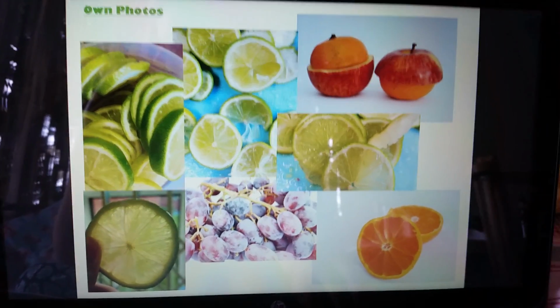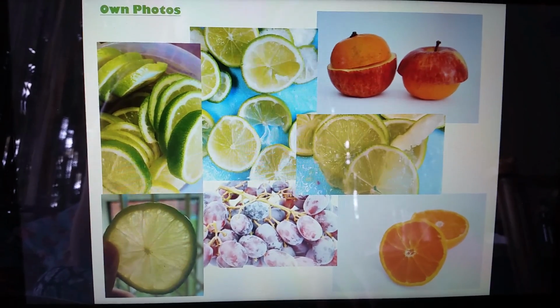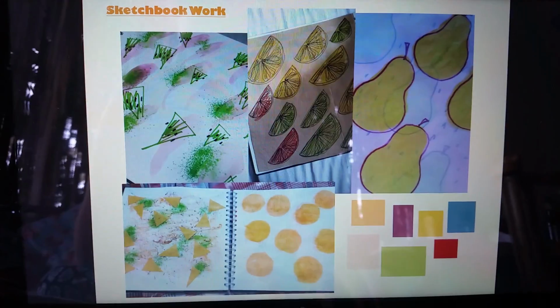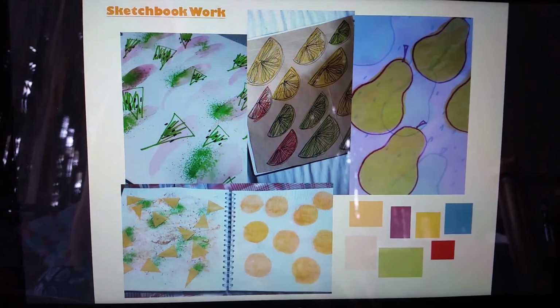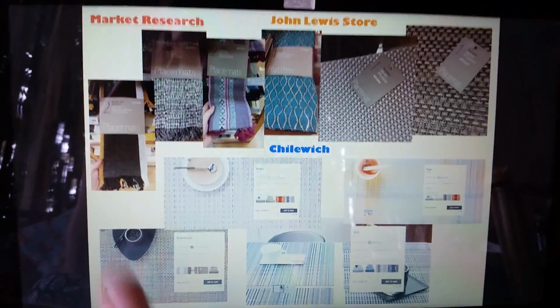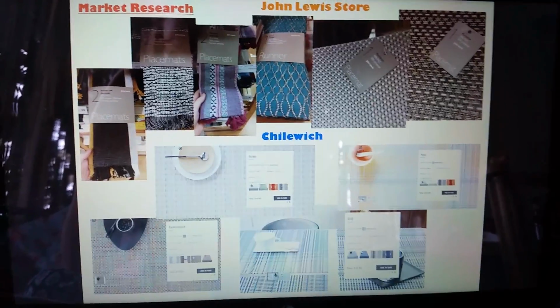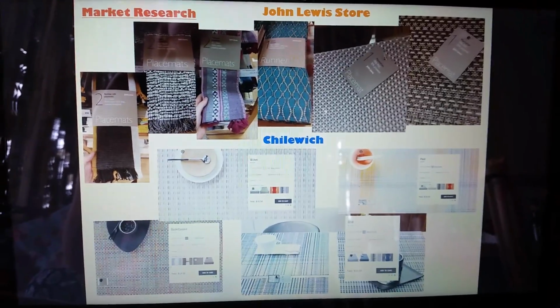And then here are some of my own photos, which really need some work because compared to the artist photos, they are bad. Sketchbook work, which I think I showed you last week. Market research, my own photos, and photos from online.